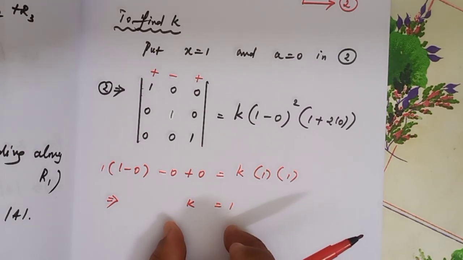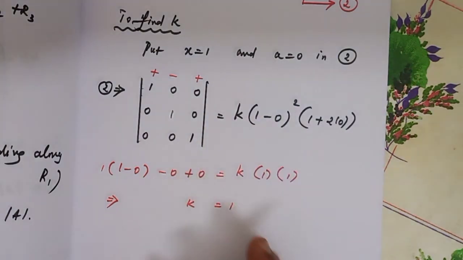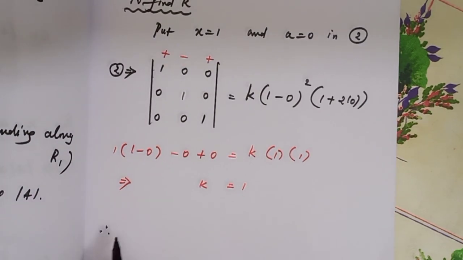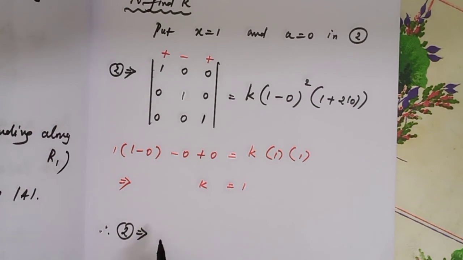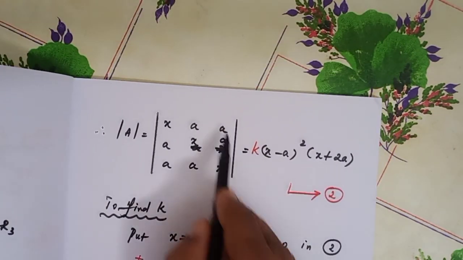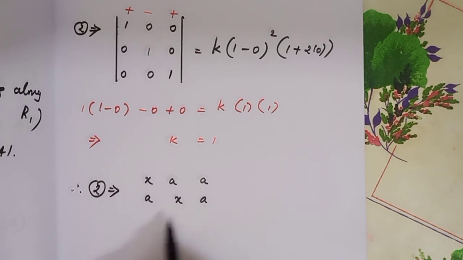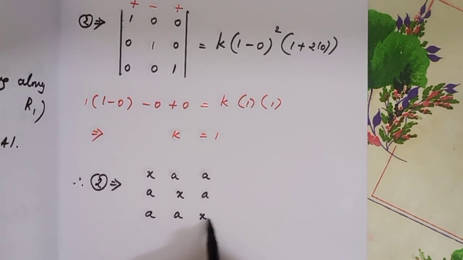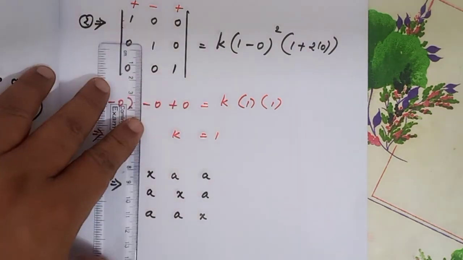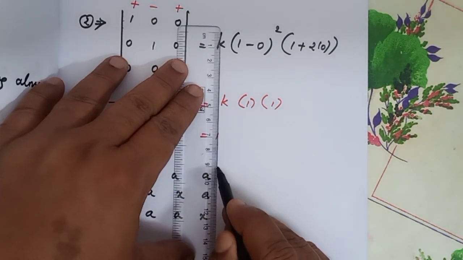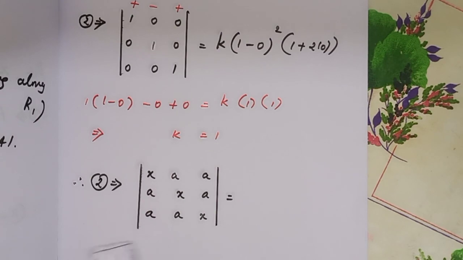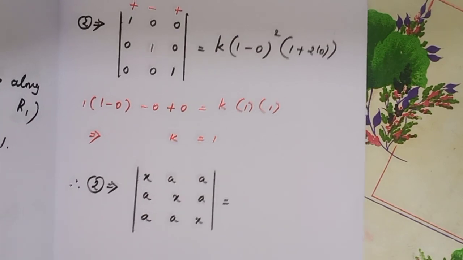Now I am going to replace the value of k in equation number 2. That will be the final result. Therefore, equation number 2 implies, write the determinant of A, that is the determinant x a a, a x a, a a x, is equal to, what is the value of k?